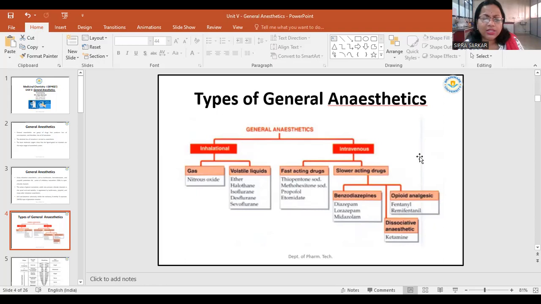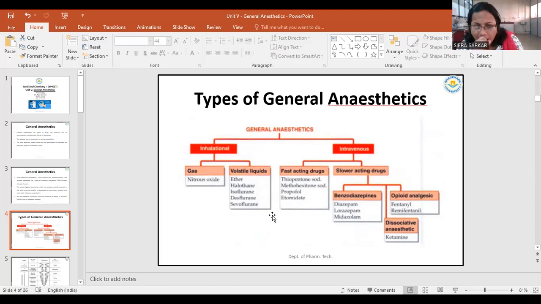Next, intravenous anesthetics are fast acting or slower acting. Slower acting ones are classified into three categories: benzodiazepine, analgesic, and dissociative anesthetics.